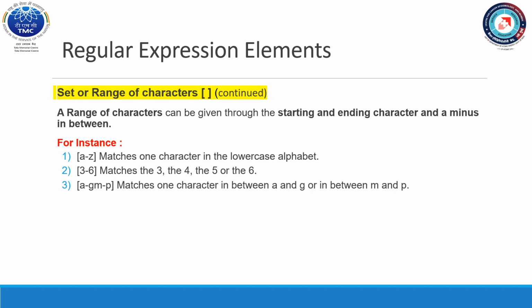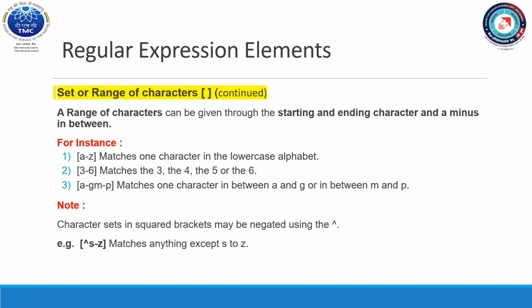Also, when you write [A-GM-P], it matches one character in between A and G or in between M and P. Note that character sets in square brackets may be negated using the caret. For example, [^S-Z] matches anything except S to Z.